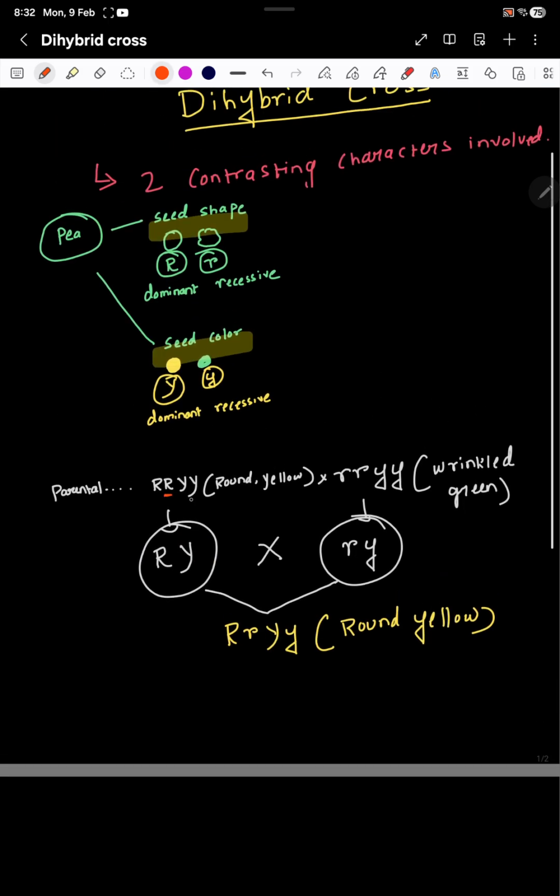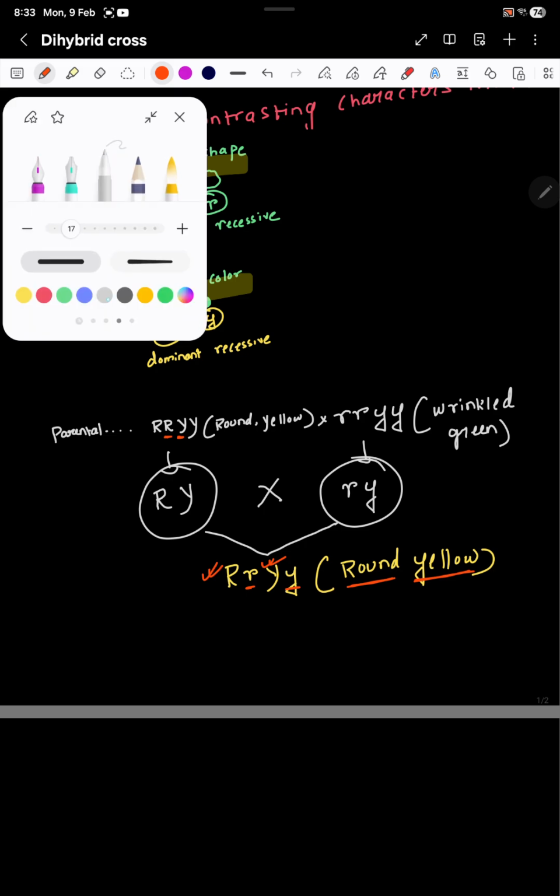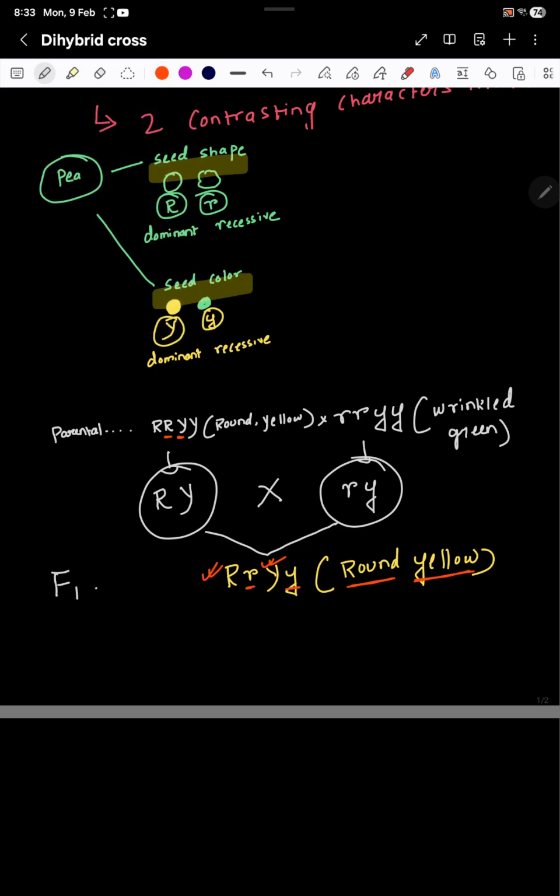The parental alleles have only capital R and capital Y, but in this case, small r and small y are there. But because the dominant alleles capital R and capital Y are present, they are producing round yellow seeds. So this was the case in the F1 generation or filial 1 generation.